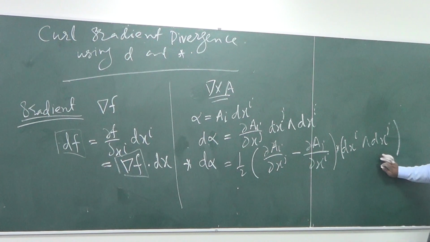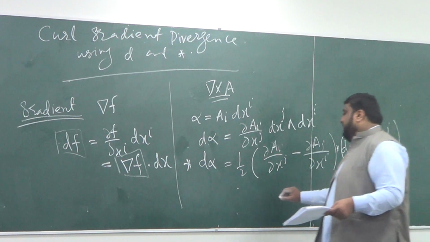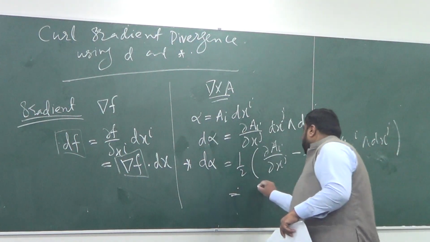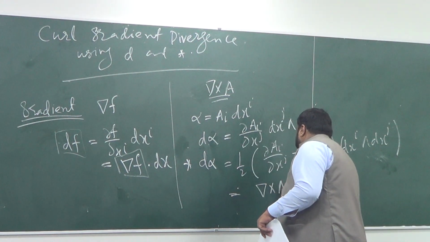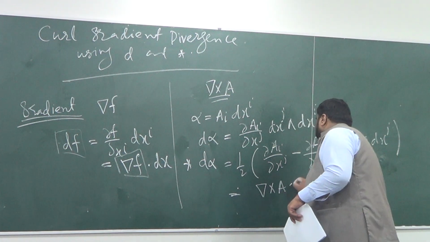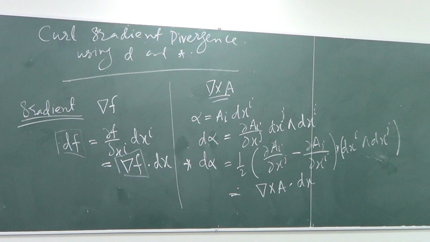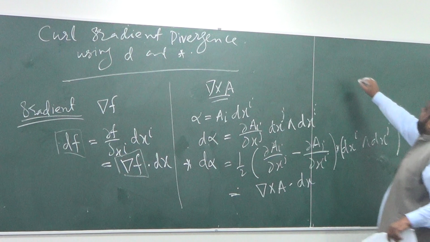We have recently done this, we just wrote it basically. So I can write this as del cross A dot ds. Why? Think about what we just said.